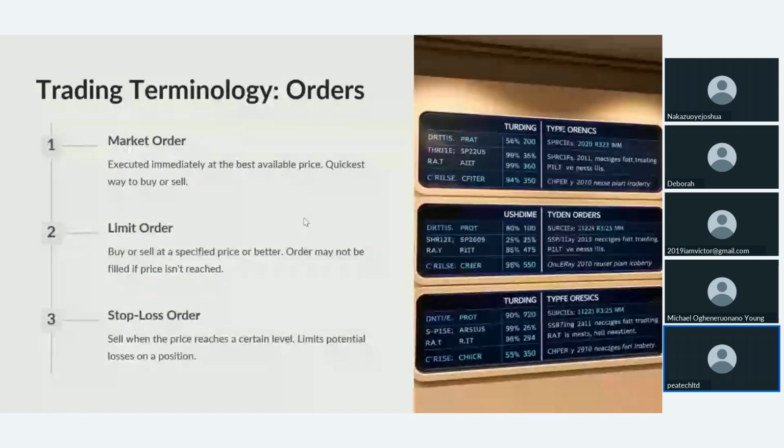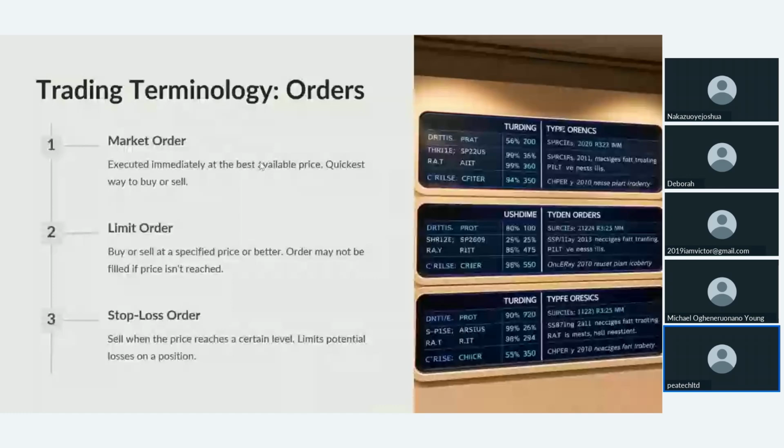It is executed immediately at the best available price, the quickest way to buy or sell. Then we have limit order. The limit order involves either buying or selling at a specified price or better. The order may not be filled if the price isn't reached.